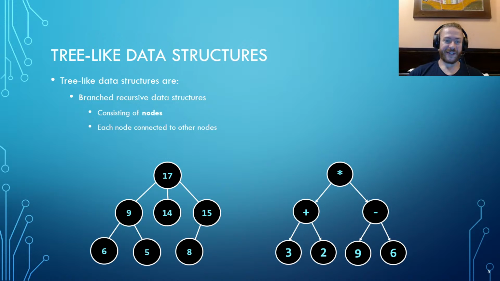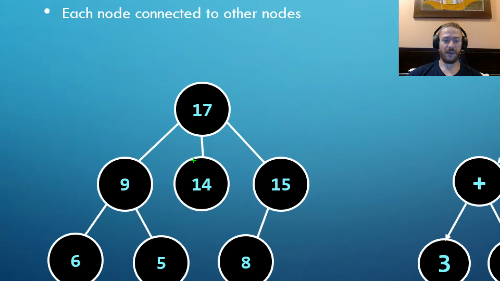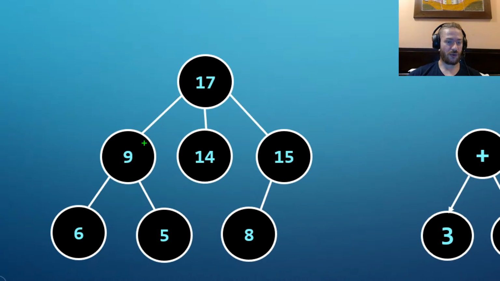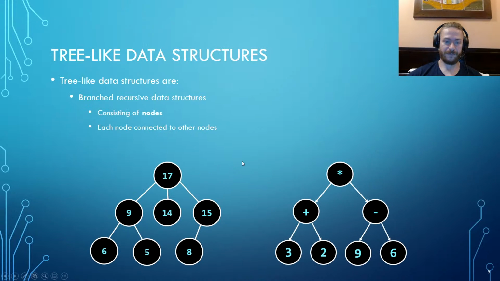The important part here is that each node is connected to other nodes. The connection may have directions, for example. They may be bidirectional, unidirectional, they may not have any directions. These connections may have additional values, but we are going to talk about that later. And there are many different tree data structures out there.